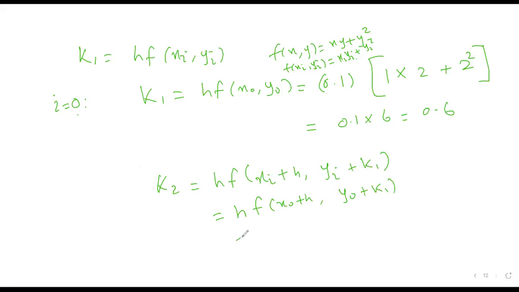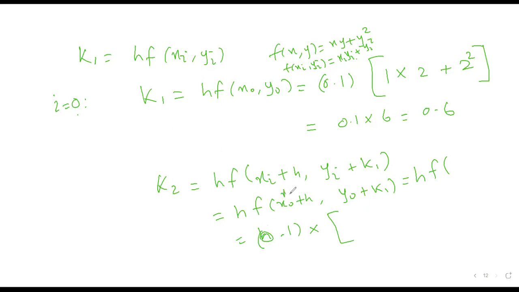So it is h of, h will be 0.1 times the functional value. See here, this one is h of f of. So what is this x? x naught will be 1, isn't it?